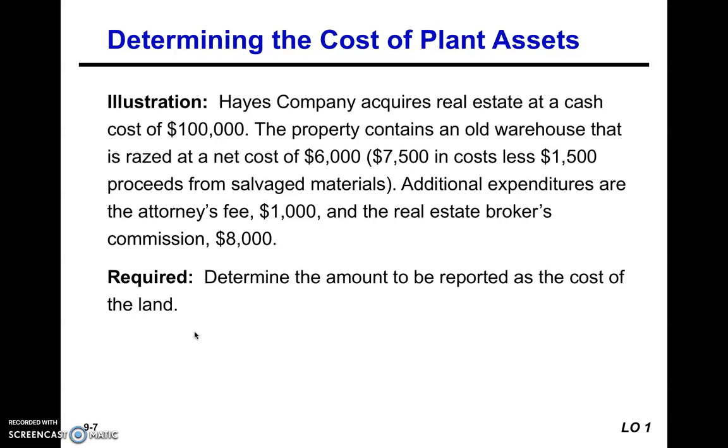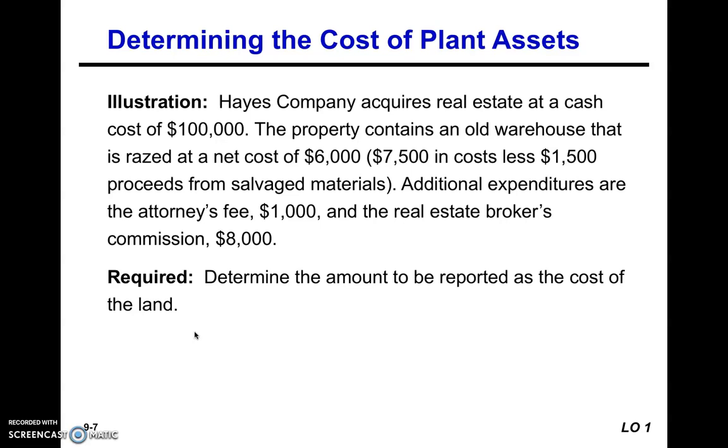Why? Because we had to pay $7,500 to get rid of the building. However, we were able to sell some of the salvage materials, such as, let's say, copper piping for $1,500. So $7,500 minus $1,500, the $6,000 net, will be included in the cost of land.